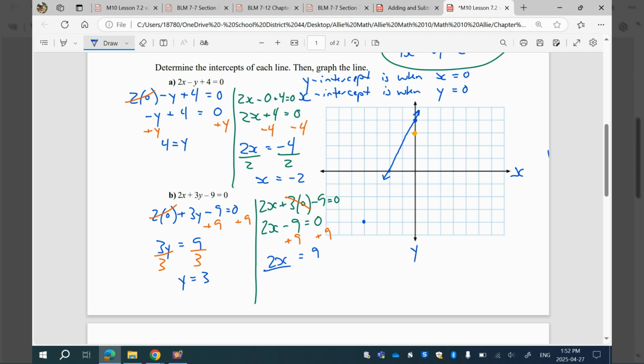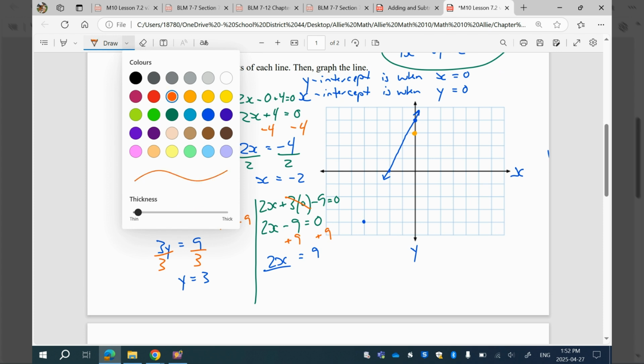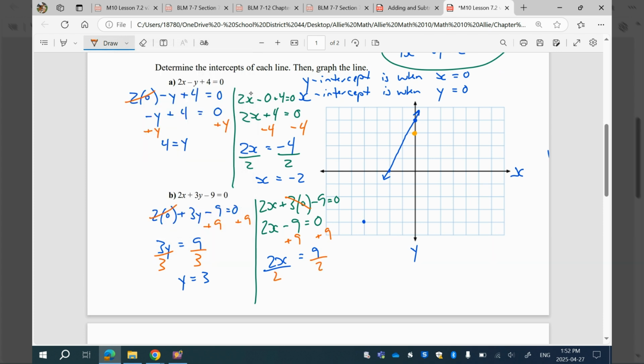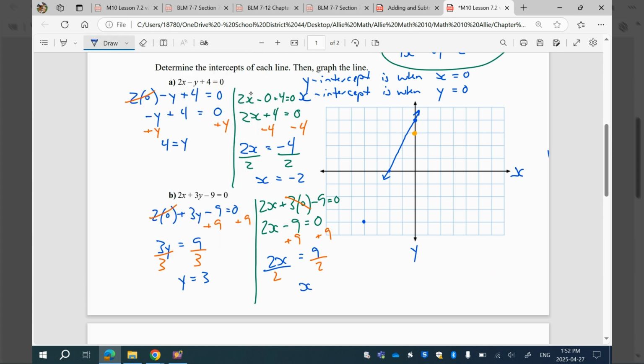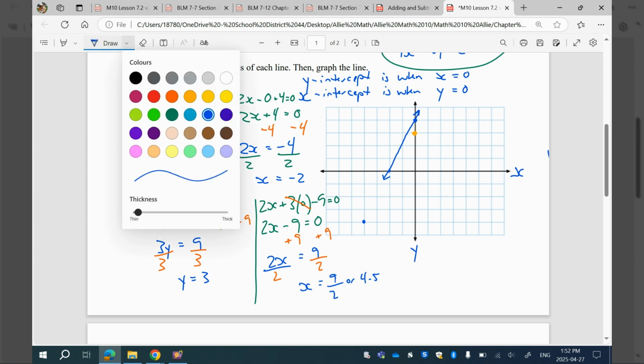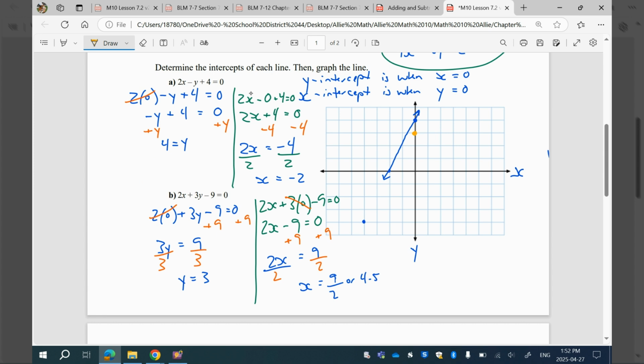And we're not going to have as tidy a solution as we did last time. We're going to divide by 2, divide by 2. And what we're going to have is x equals 9 over 2, or 4.5. So we can still graph that. It won't be as beautiful, but we can still manage. So when y equals 0, x equals 1, 2, 3, 4.5 right there. And there's 2 dots on our line like that.